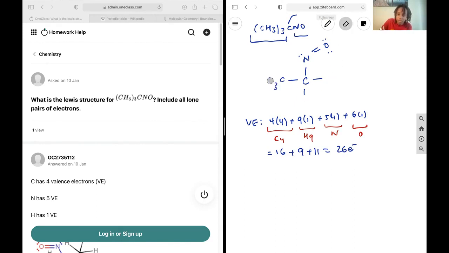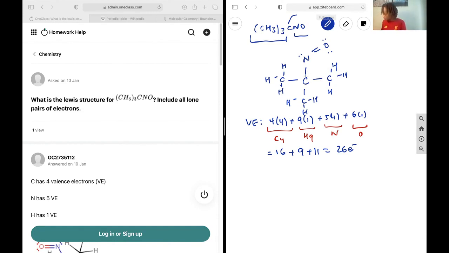Let's write out what these should actually be because of the H3. So H, H, H, because those are bonding pairs that have electrons that we need to account for here. And so in the simple notation, we just write H3 as I did before. But right now, because we're counting valence electrons, it's best to write out everything. So we have 2, 4, 6, 8, 10, 12, 14, 16, 18, 20, 22.